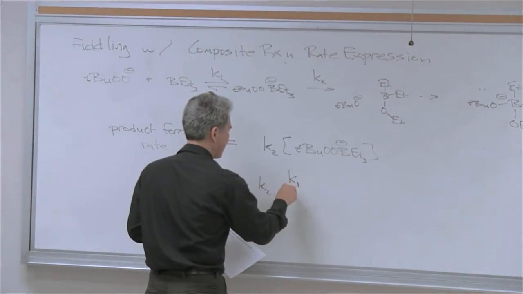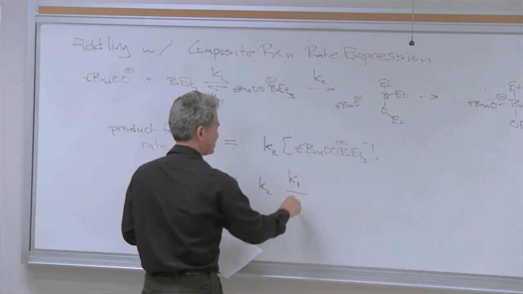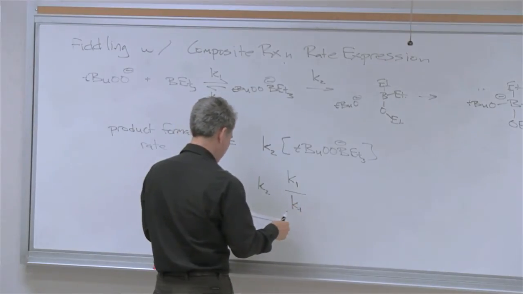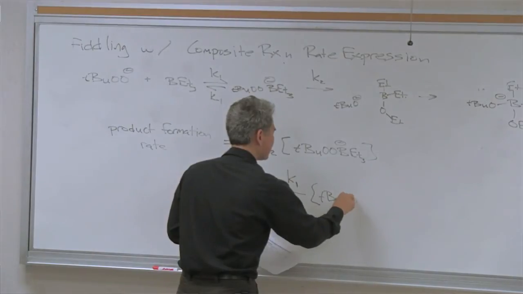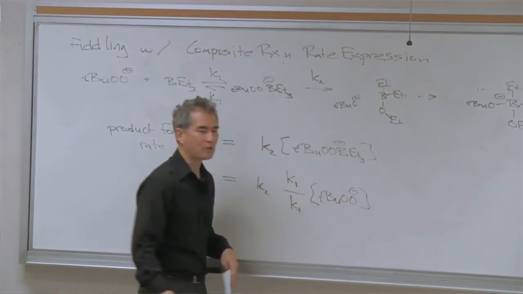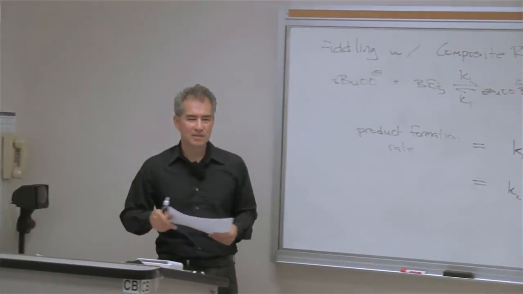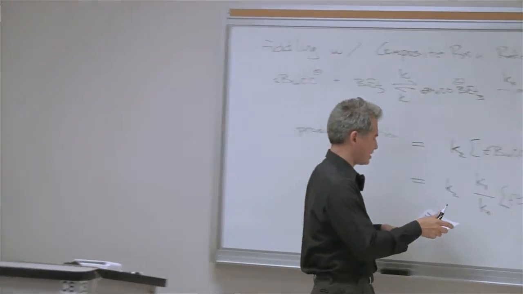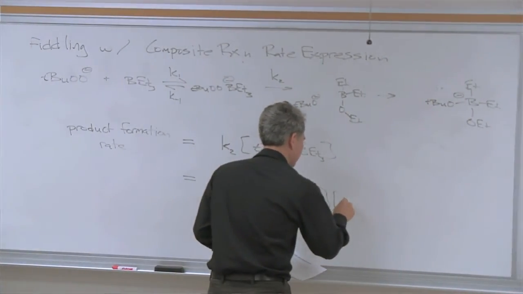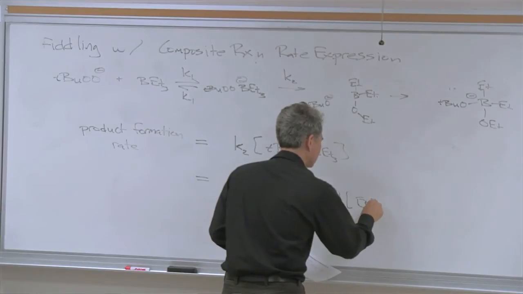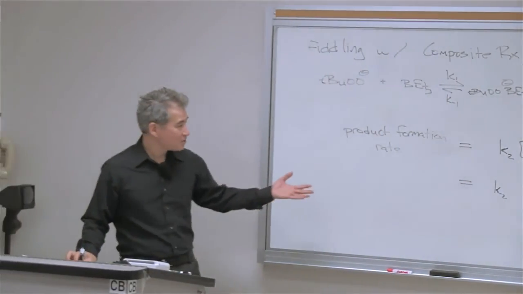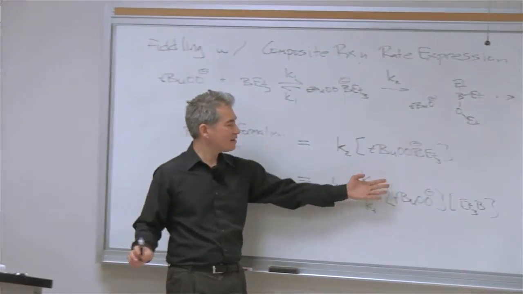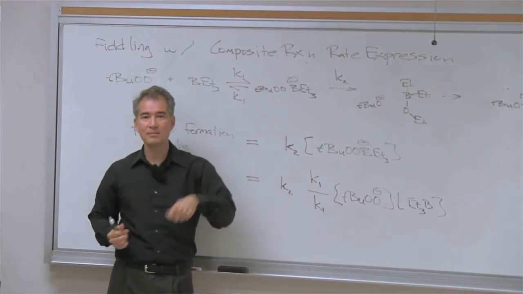If I rearrange that math, what I would find is that this thing here is equal to K1 over K minus 1 times the concentration of something I throw into the reaction, and I can scoop right out of a bottle, sodium T-butyl hydroperoxide anion, and triethylborane, which I can also measure out of a bottle. So now I've reduced the rate expression into stuff that I control, how much I put into my reaction.